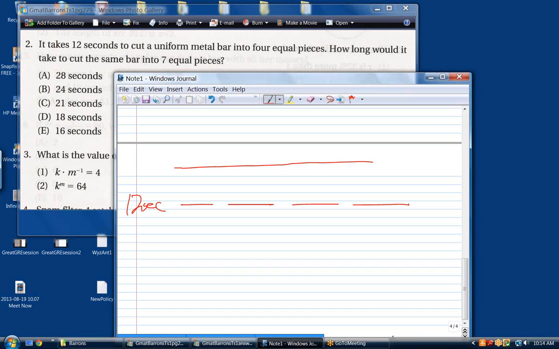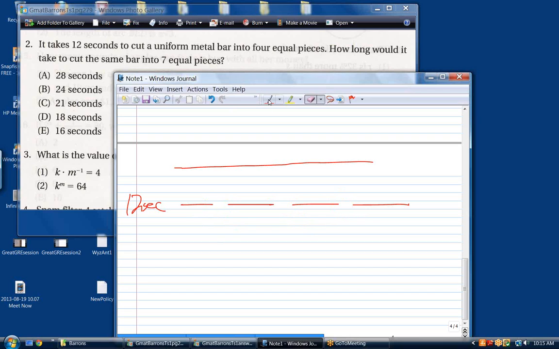Not quite. How many cuts do you have to make in order to cut it into 4 equal pieces? 4. Actually, only 3. That's the key. So it's 4 seconds per cut.